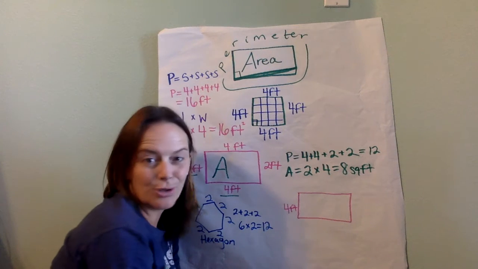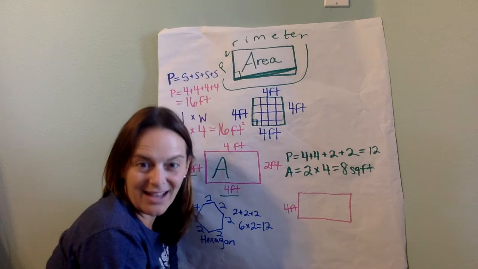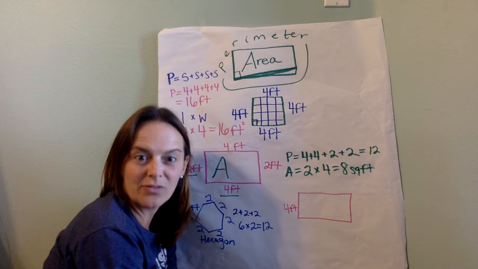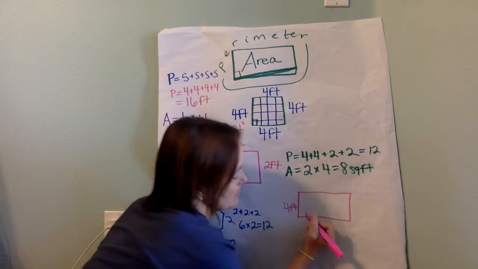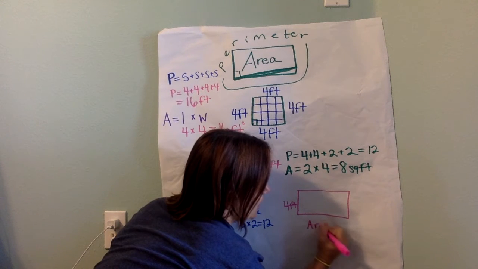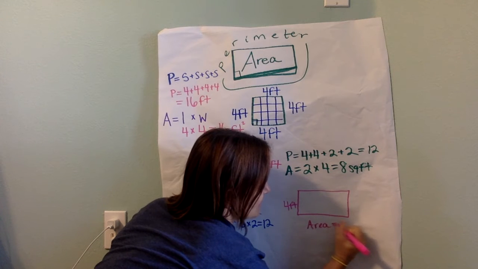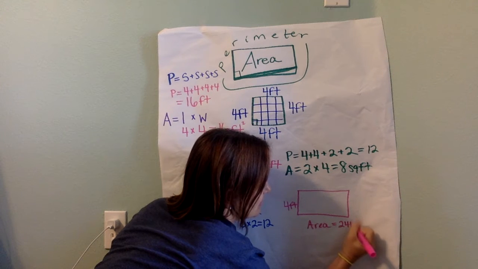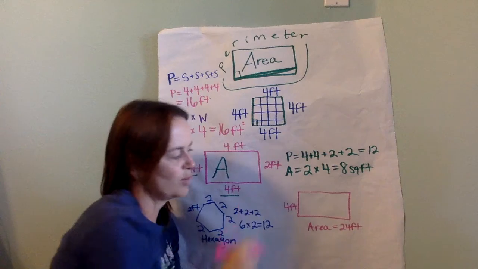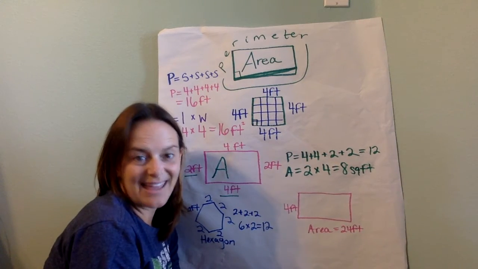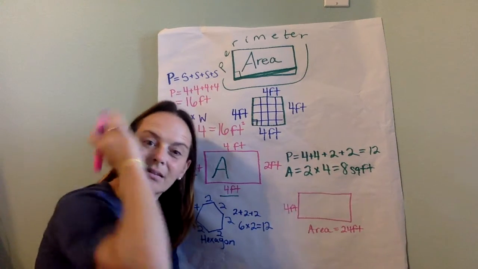My rectangle has an area of 24 feet. And I know one of my sides is 4 feet. What is the length of my other side?